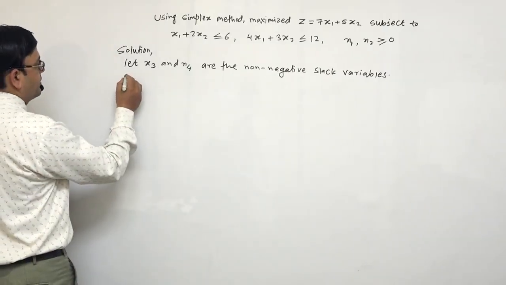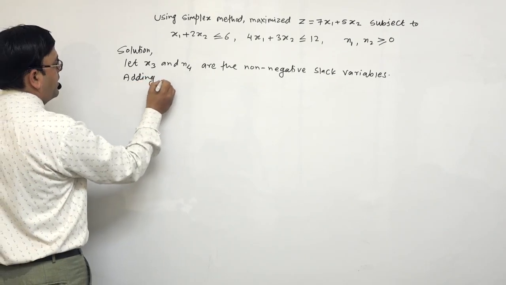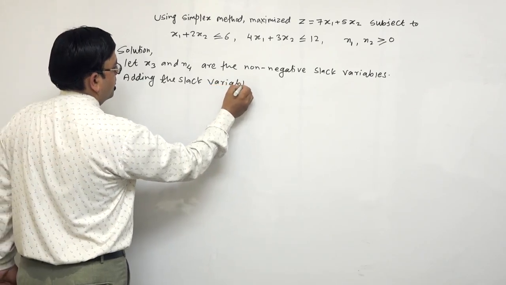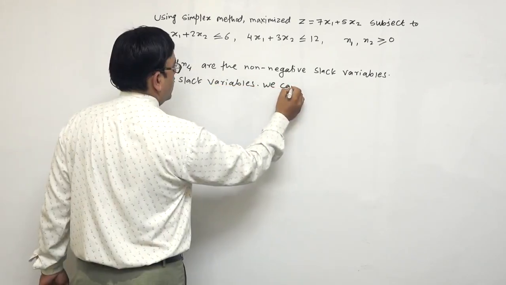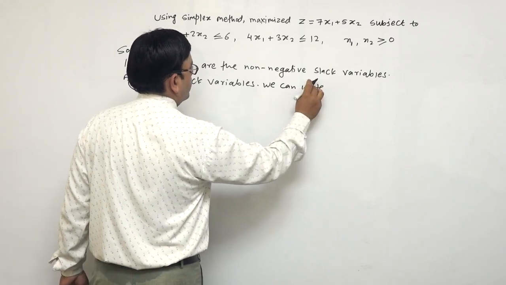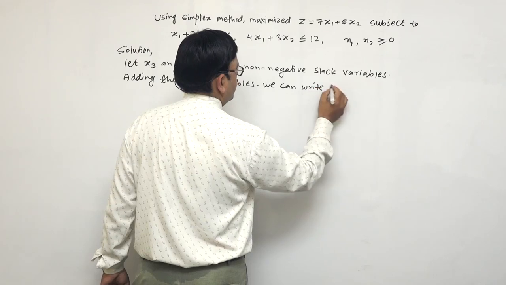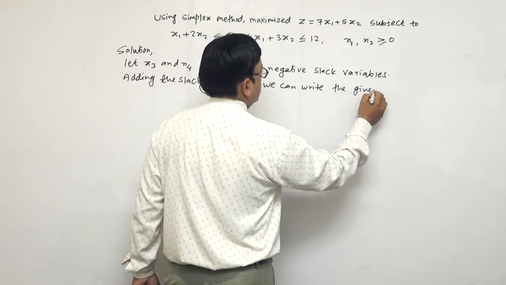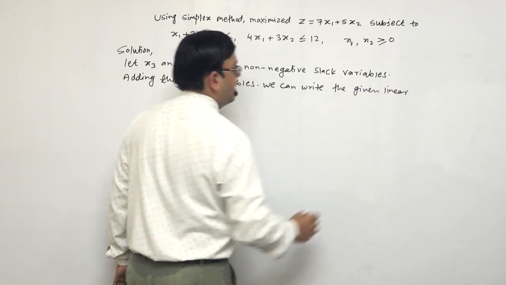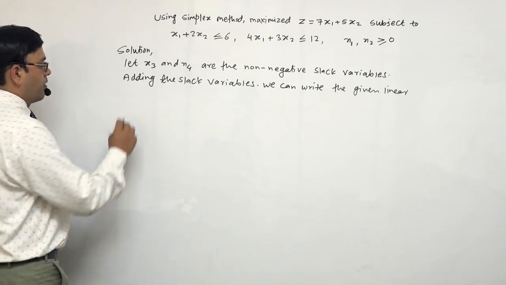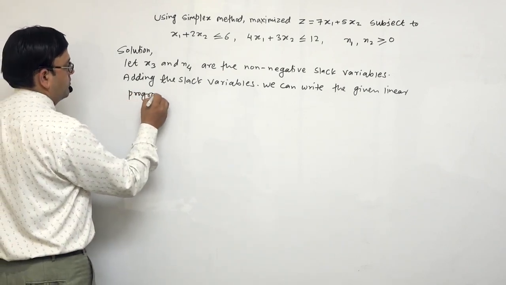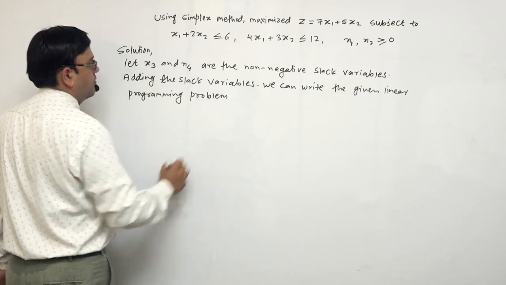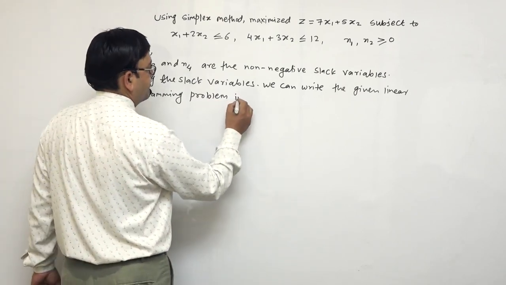Adding the slack variables, we can write the given linear programming problem in the following form.